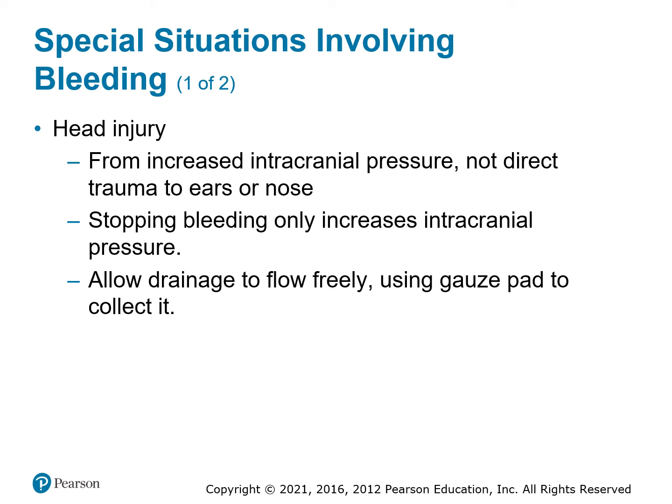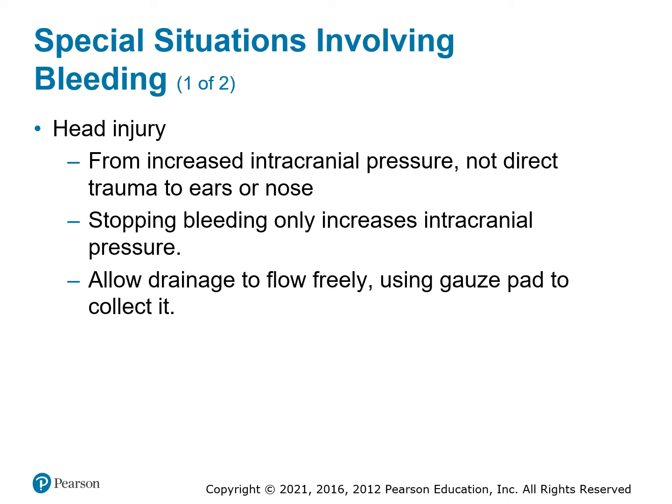So if there is drainage from the ears or nose, generally speaking, you kind of want to let that flow freely. Use a gauze pad to collect it. There is a method called the halo method where you can collect some of that blood, and if there's a halo effect around it, then you might see some cerebral spinal fluid, and that would be a big indicator of the warning signs that you'd have with intracranial pressure.